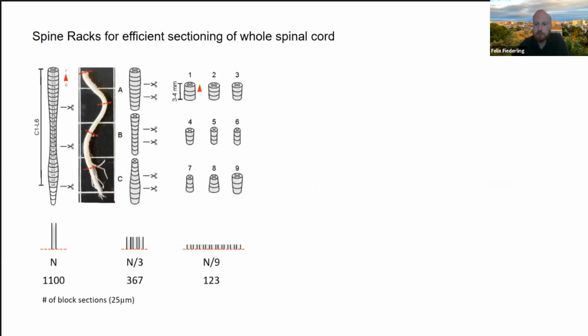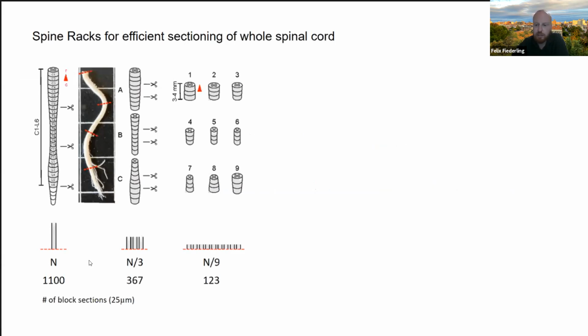And so starting with the first problem, we first thought about ways to make the sectioning of the whole spinal cord more efficient. One way to reduce the work and time involved in this process is to split the tissue into multiple tissue segments and embed them in parallel in the same block for synchronous sectioning.